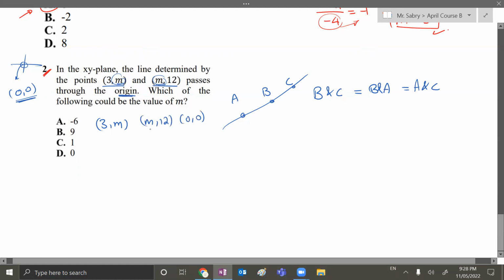Now let's calculate the slope of this with that, for example. It will become (m minus 0) over (12 minus 0), which is m over 12. This slope should be equal to the slope of this line, this point with the origin (0, 0), since they're all on the same line.